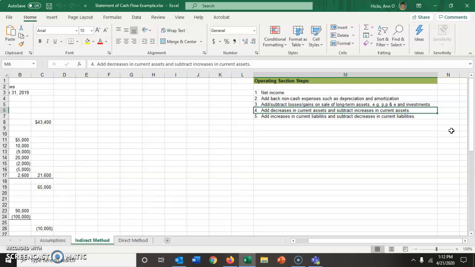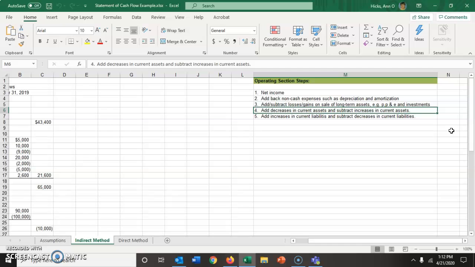If it goes down from the beginning to the end of the year, it went down because we collected some receivables that we had actually recorded as revenue in the previous year. So what that's telling us is if accounts receivable goes down, our collections actually exceed the amount of revenue that we earned. So cash will be higher than net income, and so we will add them back.